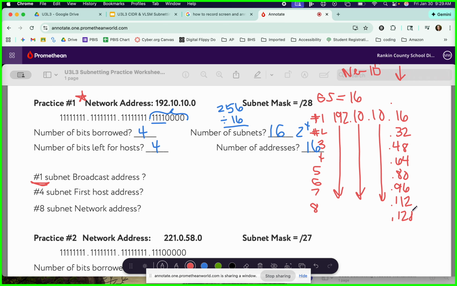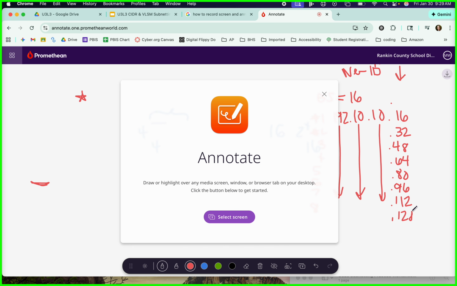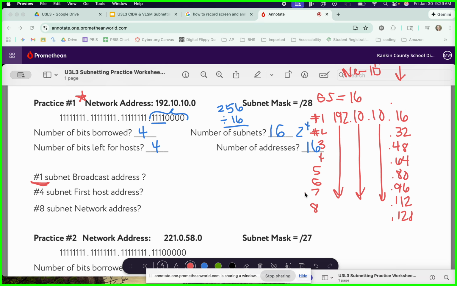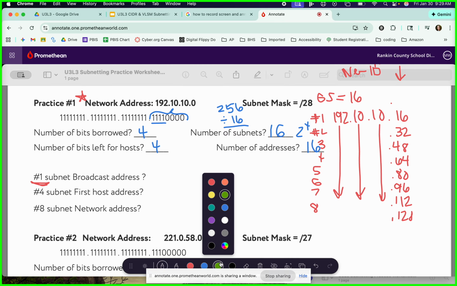All right, so if we need to know the subnet broadcast address for the first one, we can go to the second one. This is the second one, and we can subtract 1. Oh wait, no, this is not the second one. Oh, that's what I did wrong. Okay, sorry, that is not the second one.